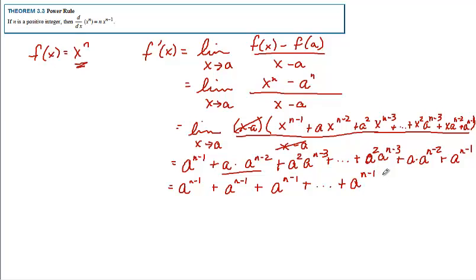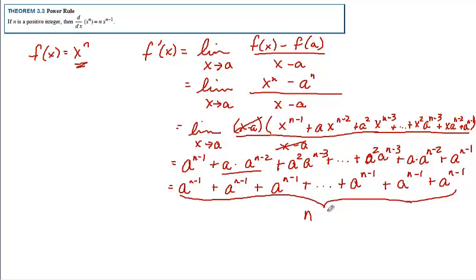So I could say that there are going to be n of these terms, n terms here, because if I were to count how many of them there would be, there would be n of them.